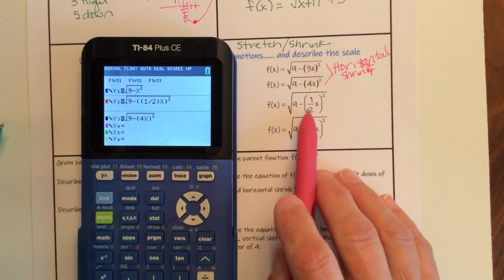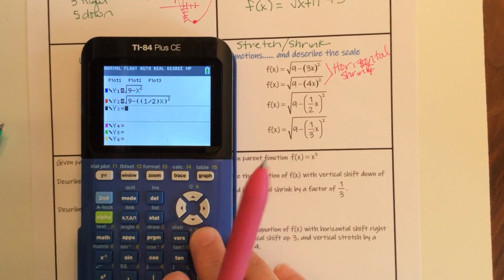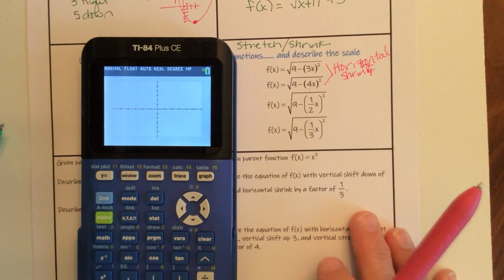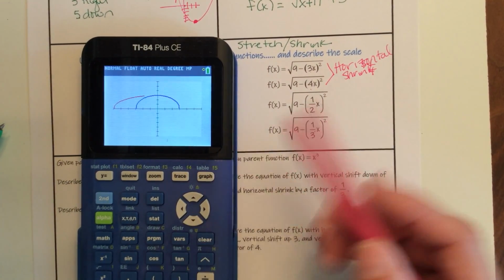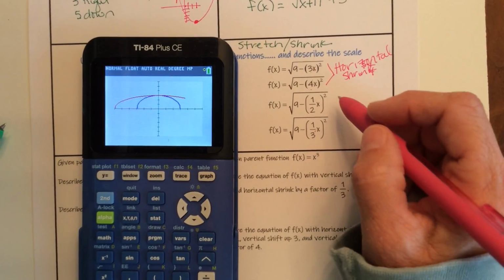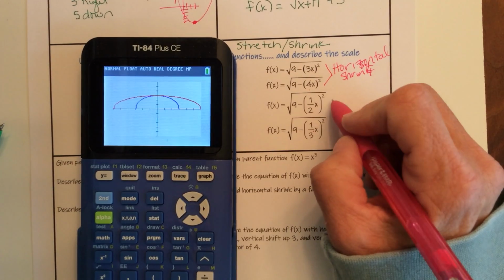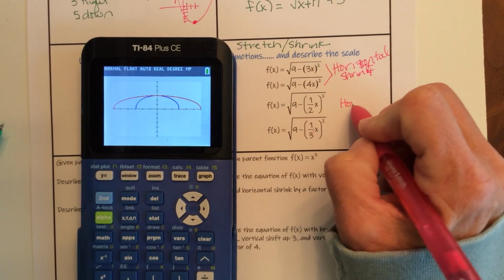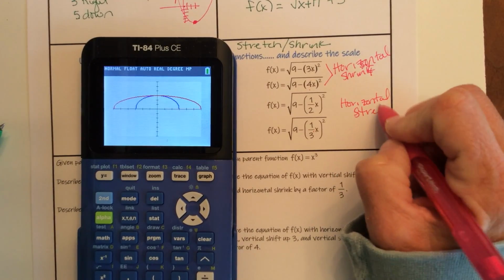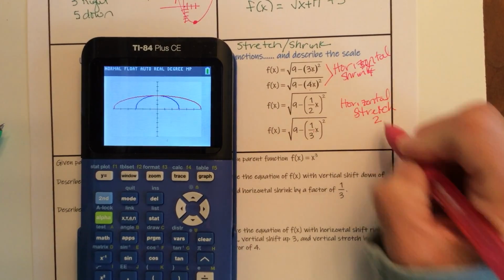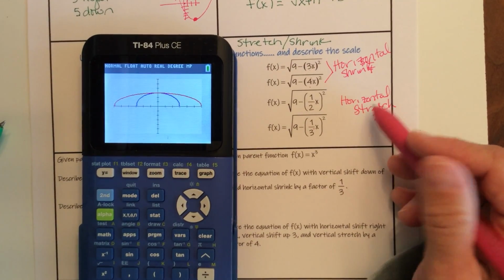I'm going to do this one before I do that one, just because, and I will go clean this out. All right, so I will graph, and here comes the mom and daddy graph. And notice what happens here is that this graph has had a horizontal stretch by a factor of 2.